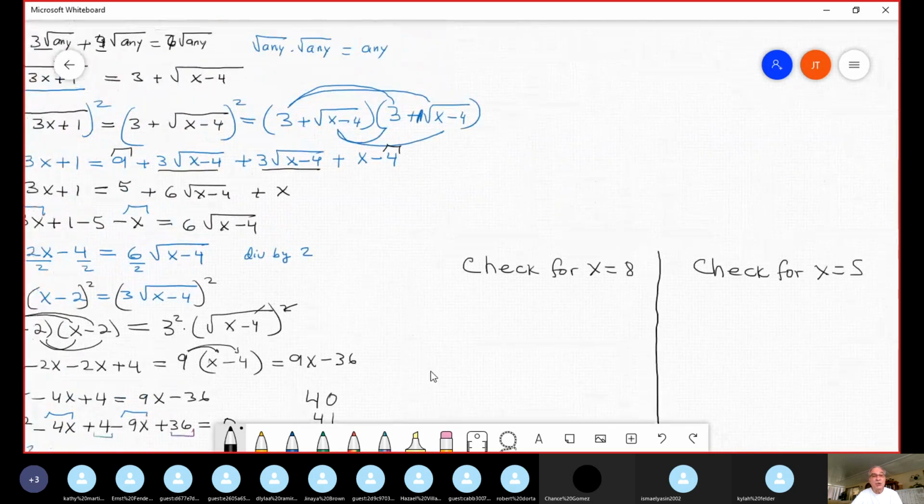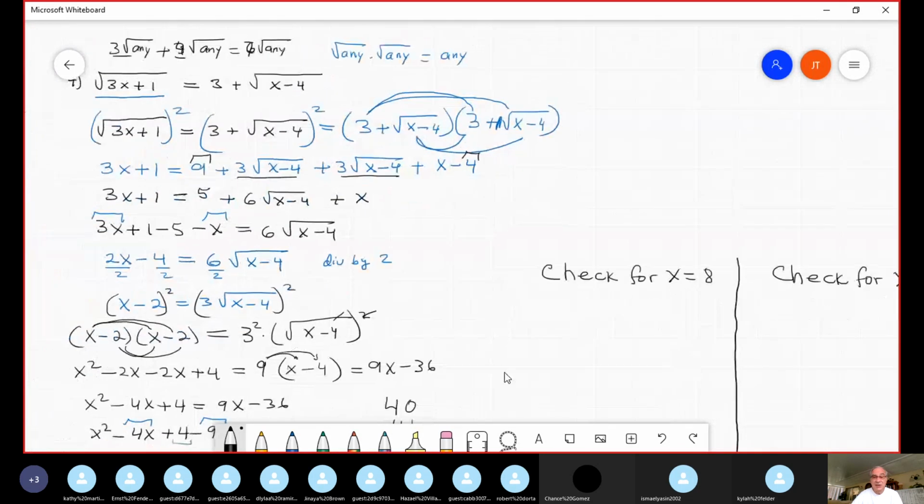I take the original equation, the one I never used, and I copy it here. You replace x for 8: the square root of 3 times 8 plus 1 inside the radical should equal 3 plus the radical of 8 minus 4.